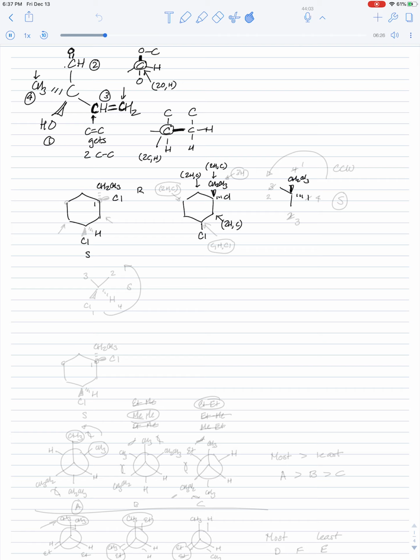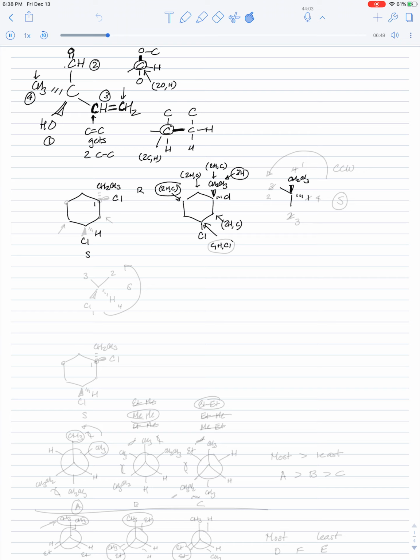But now we just continue on to the next point. So that's going to be this one, which is 2 H's and a C. This one is going to be a C, an H, and a Cl. And then over here, what do I have? I got 3 H's.